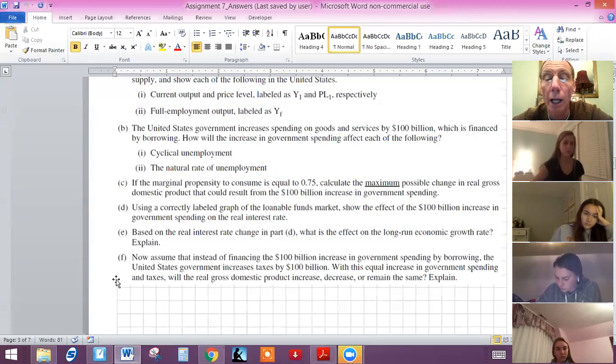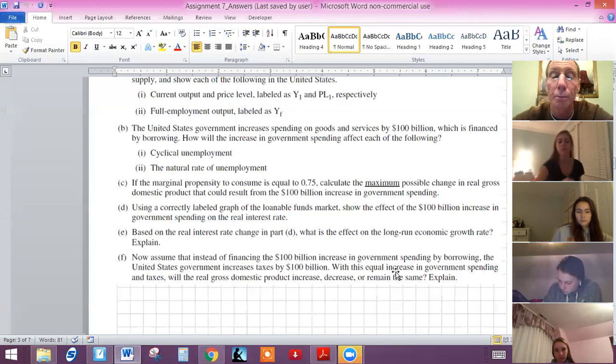Okay, well, you guys can correct me if I'm wrong here, but I think this question has an error in it, because they're saying up here, now assume that instead of financing the 100 billion, they're going to do both, right? It's in with this equal increase in spending and taxes. So they're actually doing both, aren't they?